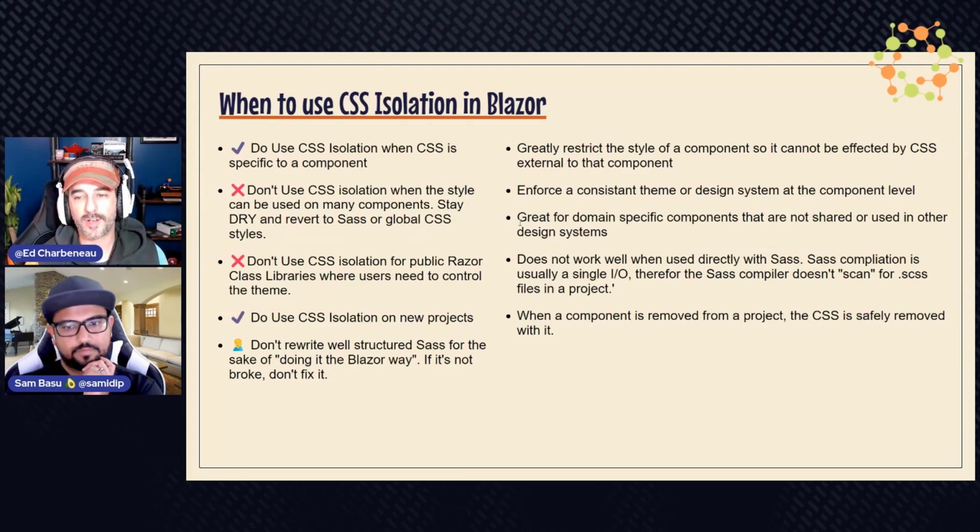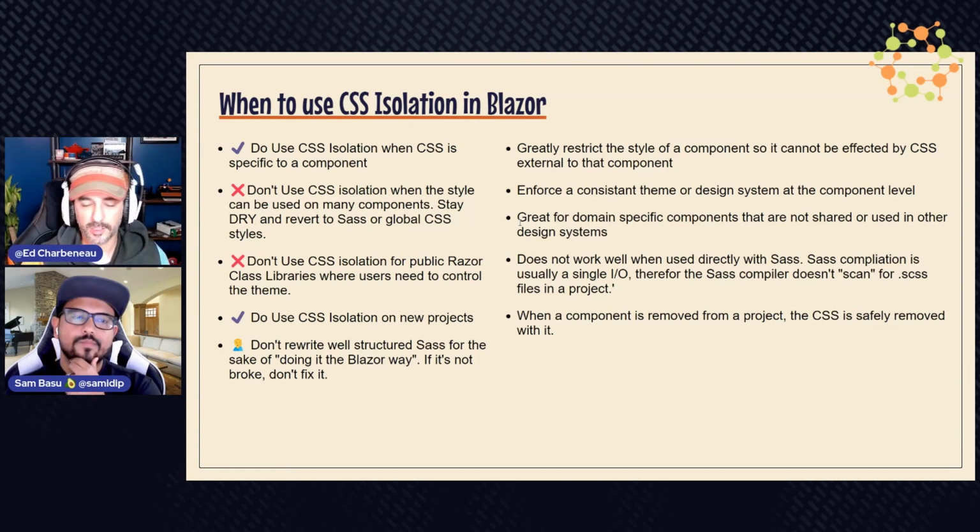If you were to try to write all of your component CSS isolation components in Sass, you would have to literally compile every component's Sass file. Sass doesn't have a way of looking at a directory and just pulling all the Sass files, because order of operations matters with this stuff.